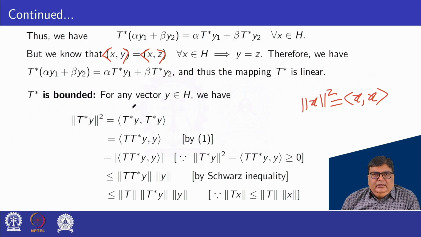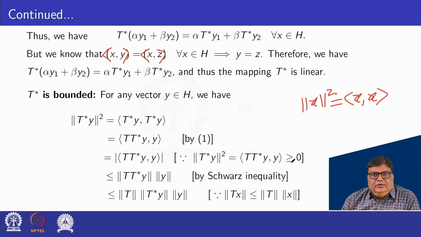Again, as per property 1, this can be written as the inner product of T star y and y. This can be written as the modulus of the inner product of T star y and y, because this is a norm and is greater than or equal to 0.